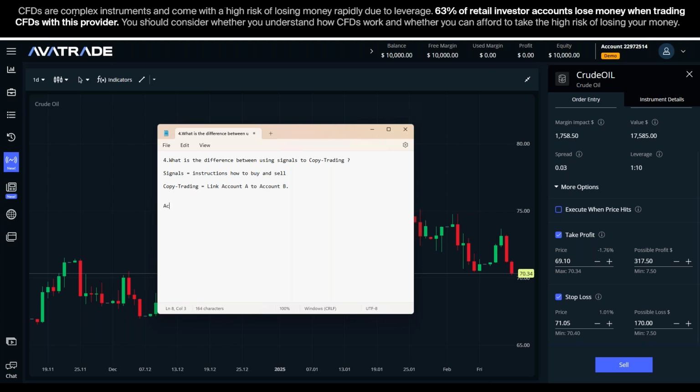It means that account A can be maybe with a strategy, maybe with, let's say, 5,000 balance as an example, and trading forex and maybe indices or maybe stocks even.